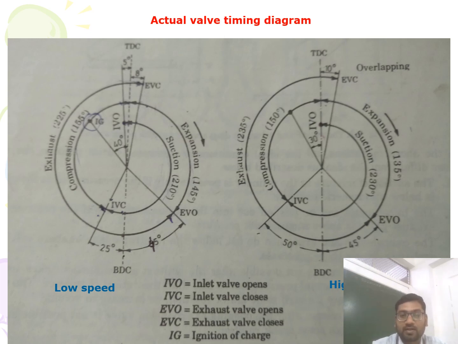Sometimes this is called the scavenging effect, as we have studied in the two-stroke diagram. However, the overall effect of opening the valve prior to the time the piston reaches the BDC results in an overall gain in output, so it increases the efficiency ultimately. The closing time of the exhaust valve affects the volumetric efficiency.